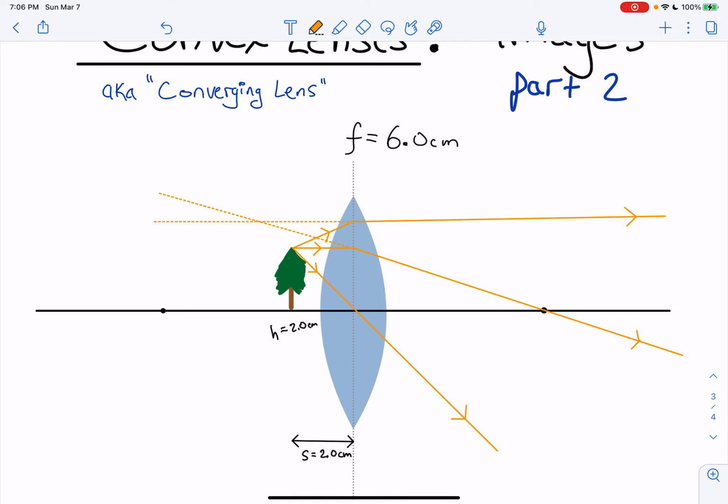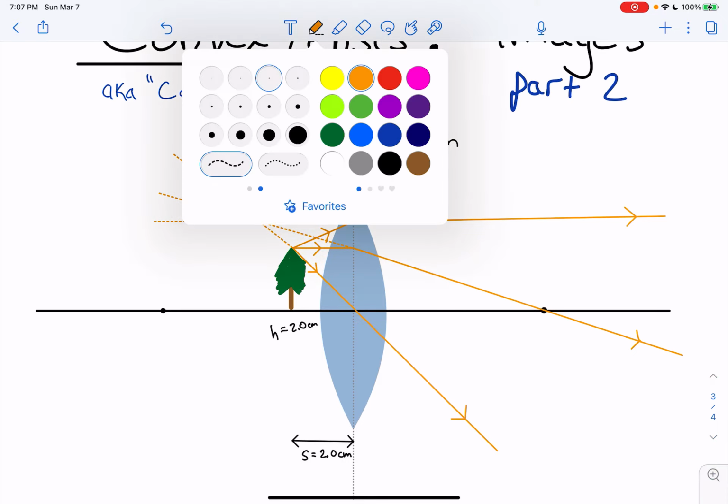And then we'll go to the last one. Now notice that these lines are all going to converge to a single point. And so that is going to be how we find our image.